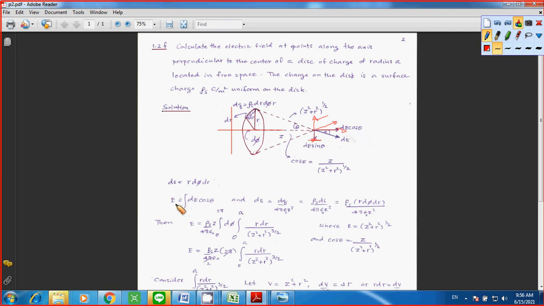So actually I put this one as dEx, or E total, going to be the integration of dE cosine theta, which is this component.